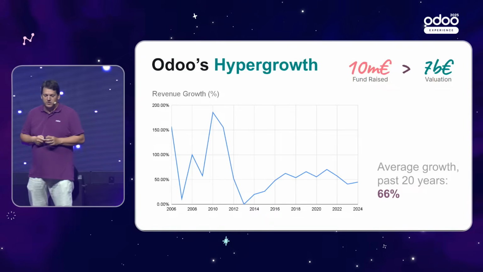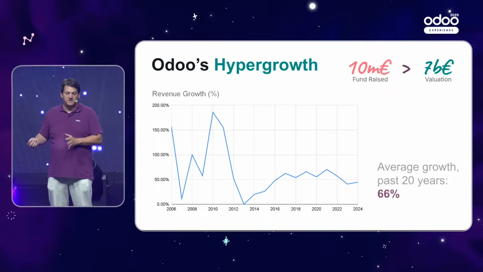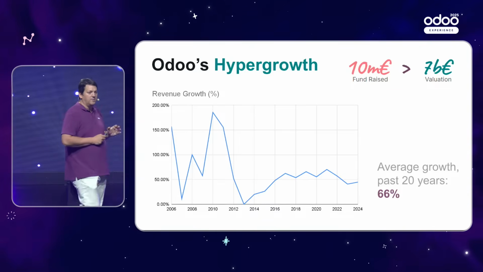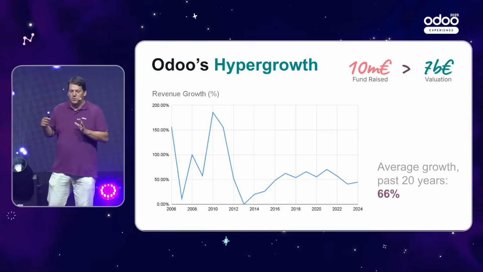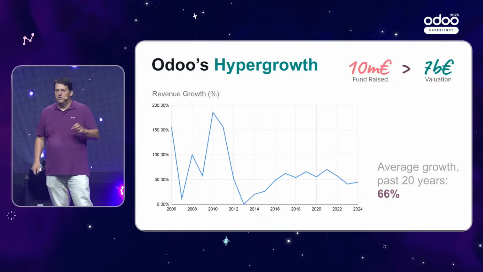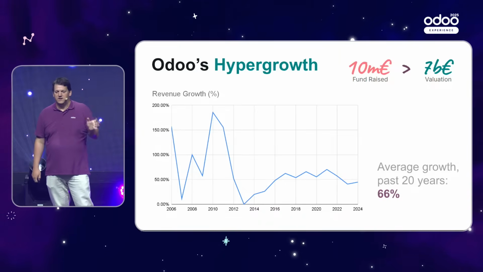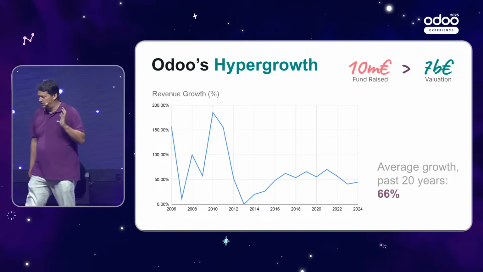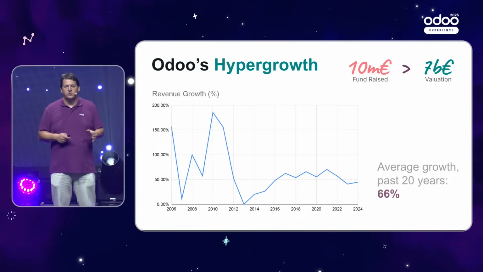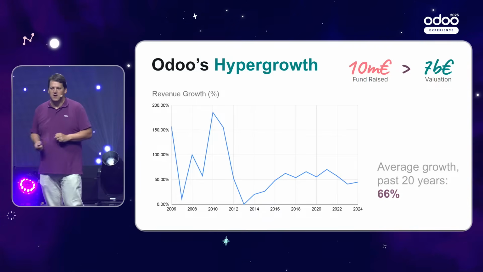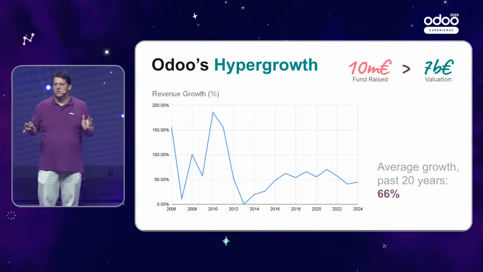The average growth over the past 20 years is actually 66%. And because of that, we created a company where we only funded 10 million euros, 3 million in 2010 and 7 million in 2014, for a valuation today of 7 billion euros. So we can say we build value.